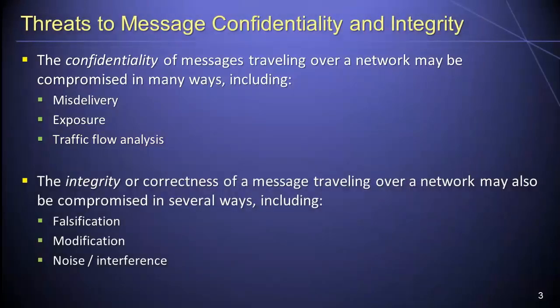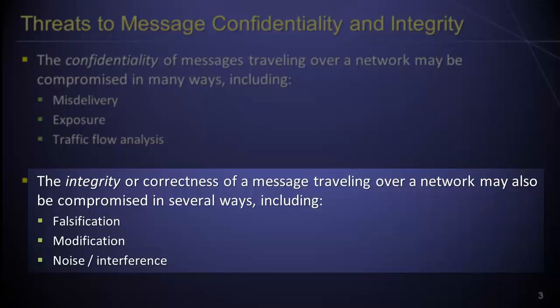In addition to threatening the confidentiality of a message, the integrity or correctness of a message traveling over a network may also be compromised in several ways, including through message falsification, message modification, or simply through noise or interference. With respect to falsification, a fabricated message that appears to be from a legitimate source may instruct the receiver to perform an erroneous or hazardous action.